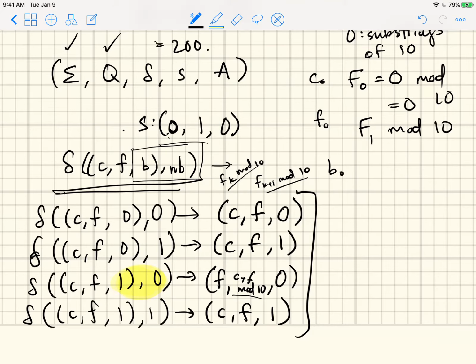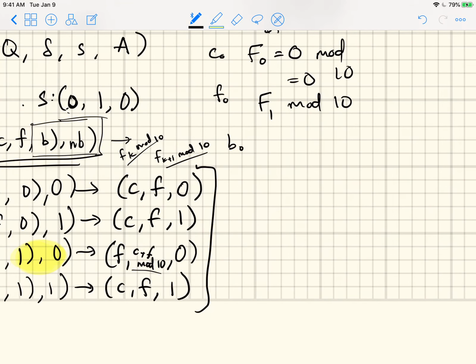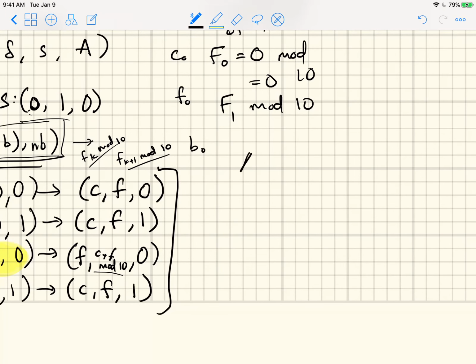Okay, now the last thing to talk about is A, the set of accept states. And so what's our accepting condition? Our accepting condition is if F_k, where k is the number of times we've actually seen the string 1, 0, if F_k mod 10 is equal to 4, then I want to accept, okay?